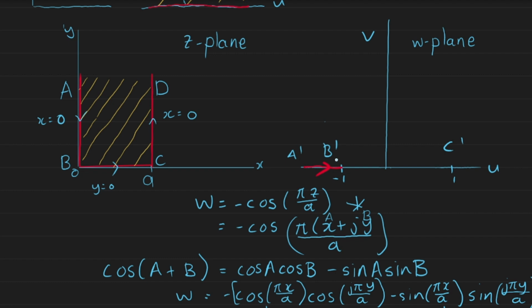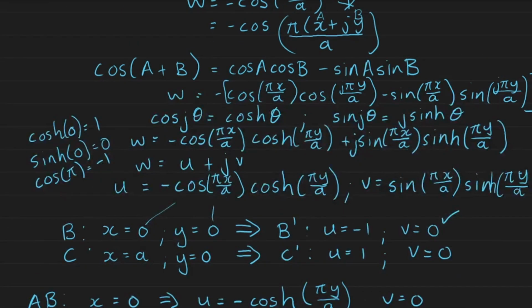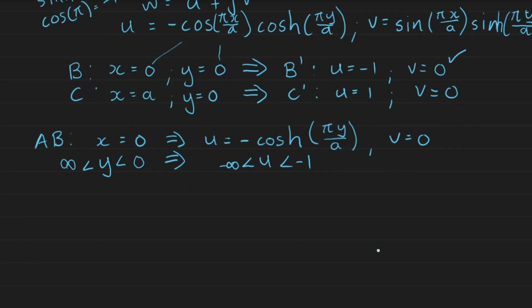So now we can do B to C. At B to C, we have y is equal to 0.